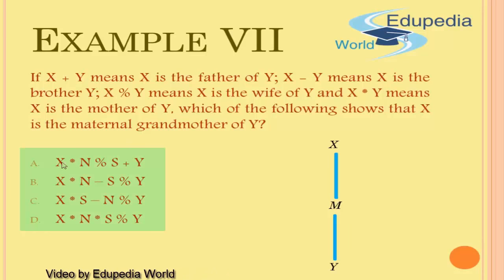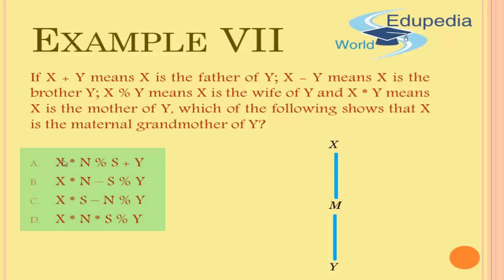So option A, considering option A, x asterisk n means x is the mother of n. N percentage s means n is the wife of s, and s plus y means s is the father of y.